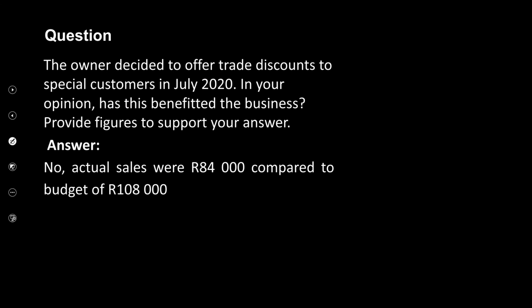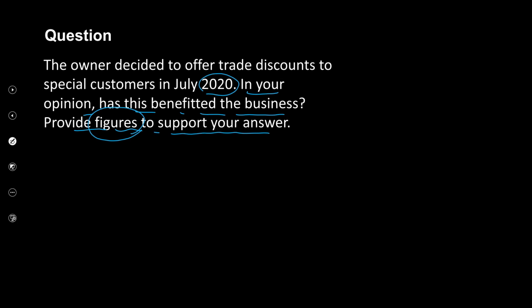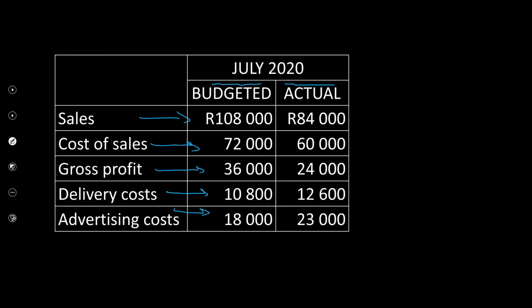Actual sales were 84,000 compared to the budgeted of 108,000. Let's look at it. There's my actual sales figure, 84,000 Rand. I budgeted at 108,000 Rand.